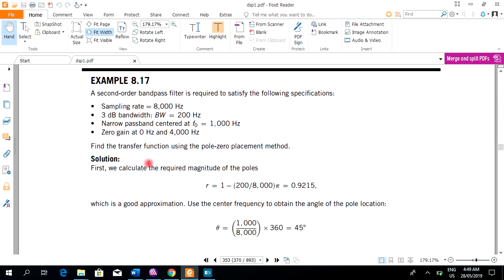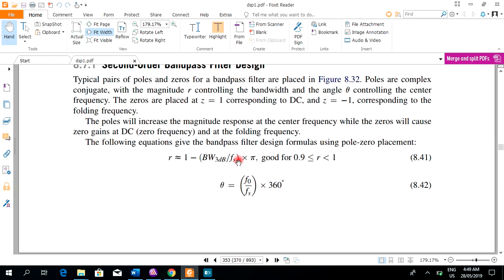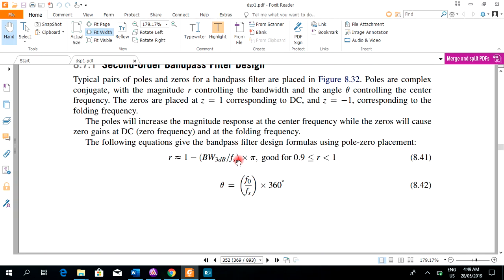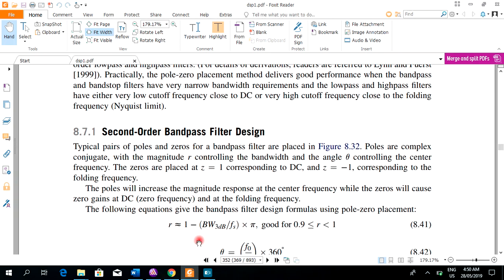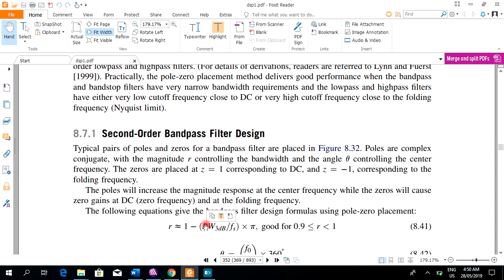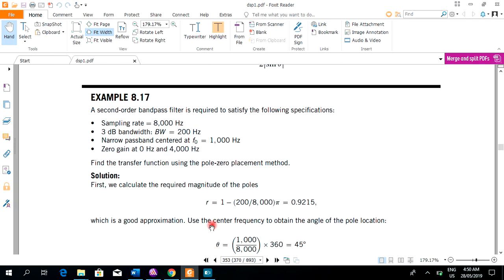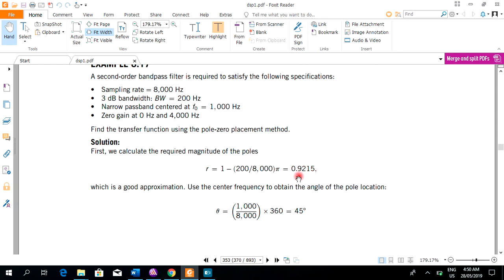Just substitute the values in the formula. First of all we calculate R using this formula. It comes out to be 0.9, which is less than 1, so the filter is stable.